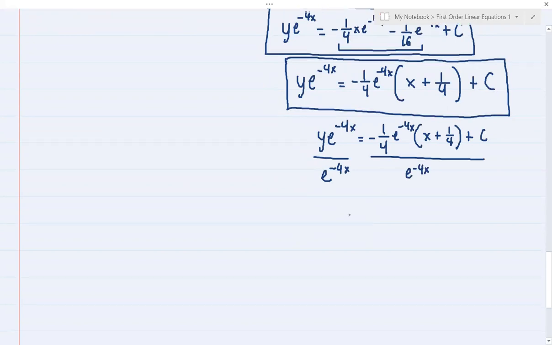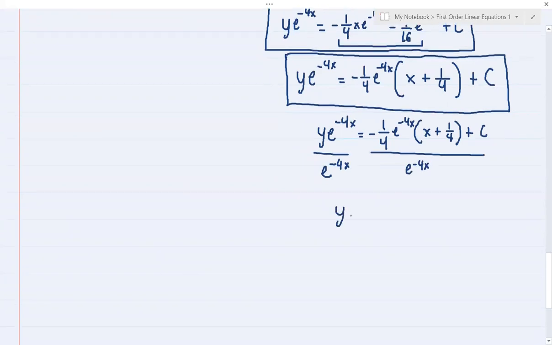So as a result, we will have y is equal to negative 1/4 times x plus 1/4, plus c all over e raised to negative 4x.